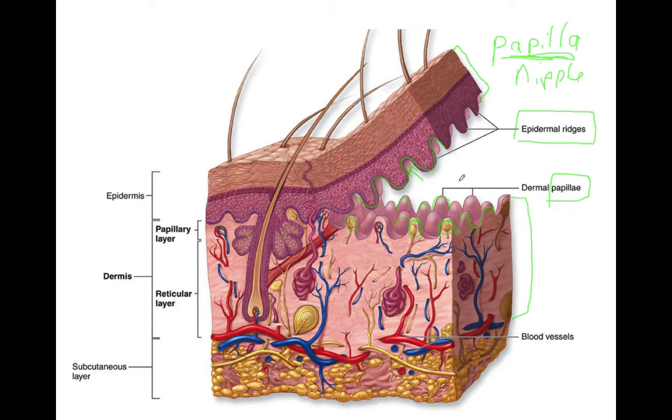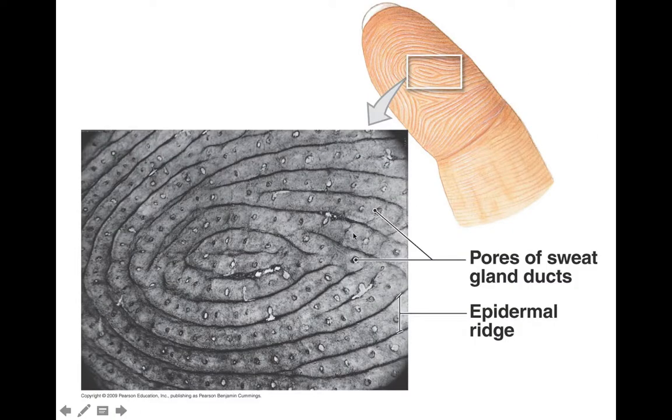You rub them together, you don't want this layer to lift off or separate. So another reason why you got lots of surface area in your fingertips. And this is what it looks like. These are the epidermal ridges on your fingertips. That's what you're seeing. And these are all the sweat pores, where all the sweat's coming out onto your fingertips. So pretty cool, huh? That is very cool.